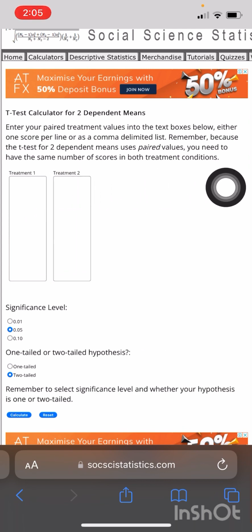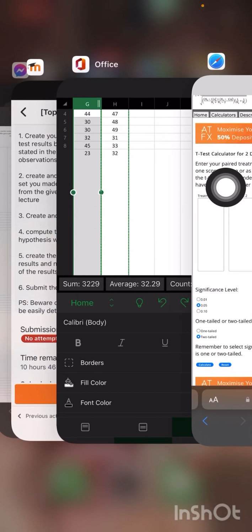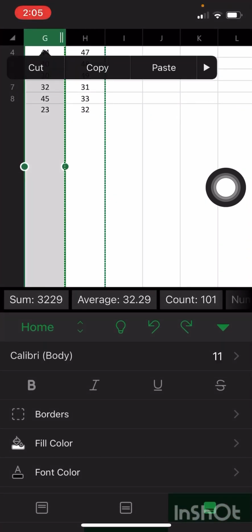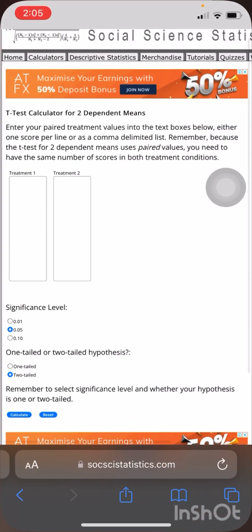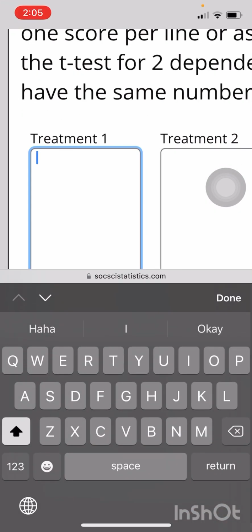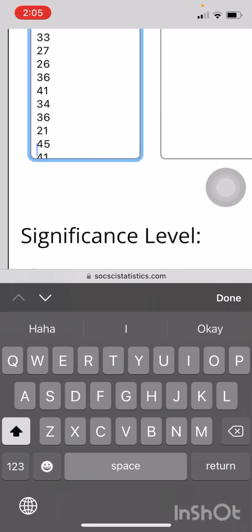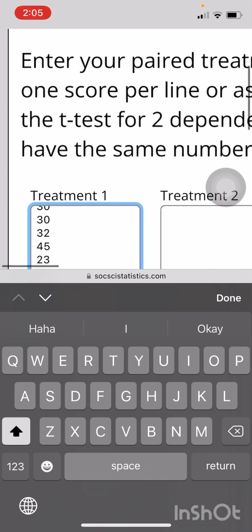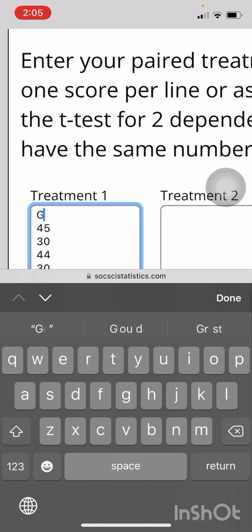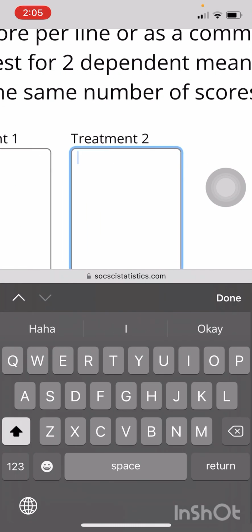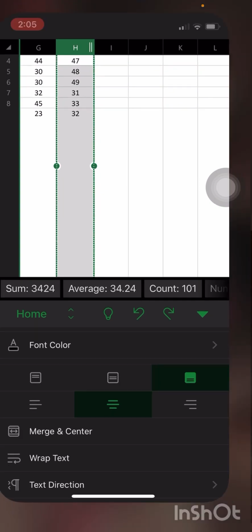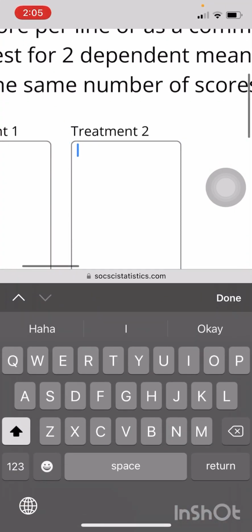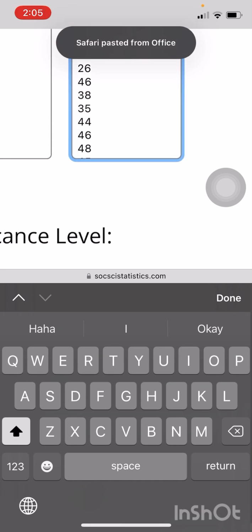First, we will copy our first data here at treatment 1, which is normally distributed, and also the group 2. Paste.